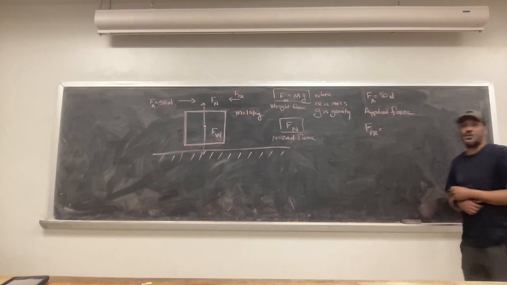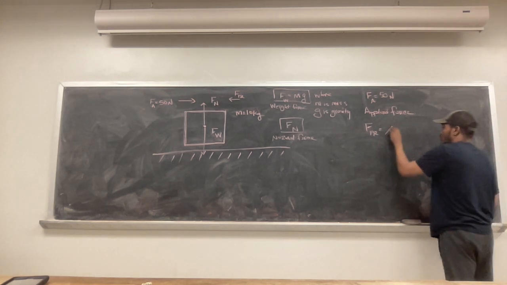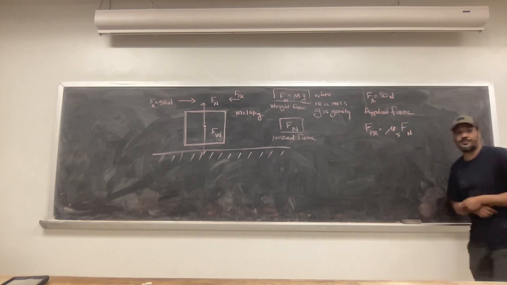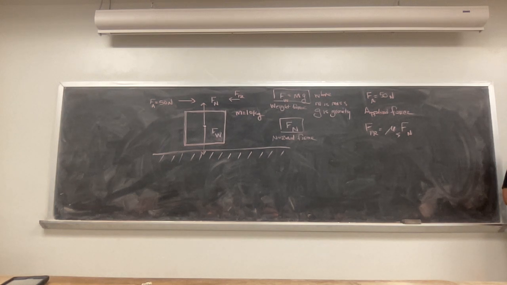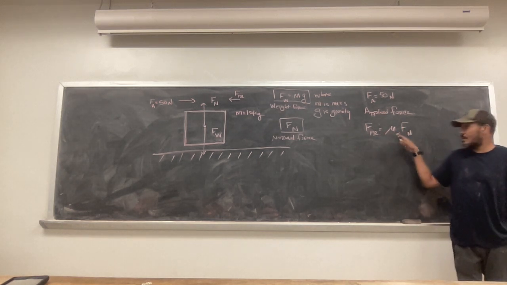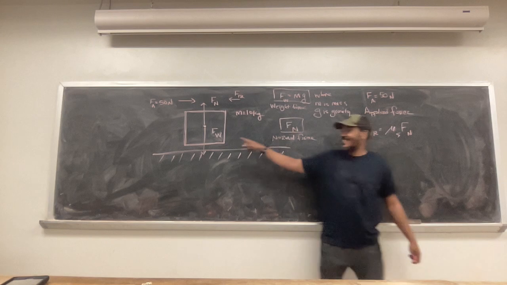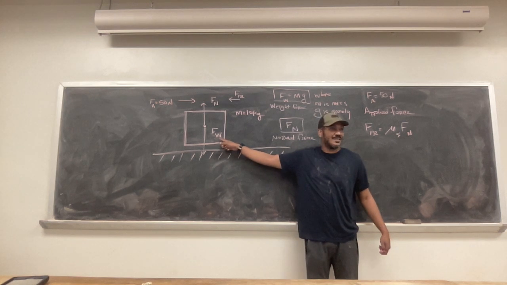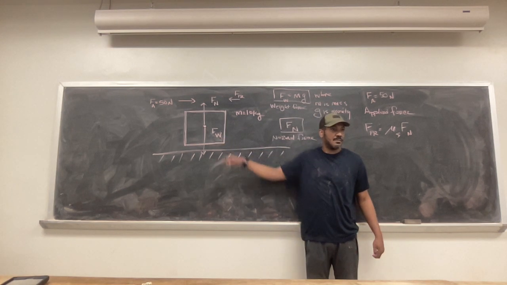The equation for friction force is what? Mu times the normal. So what does that tell you? That my friction force depends on the normal, which depends on the weight of the box. And that makes sense, right? If the box is heavier, it's going to have more friction.